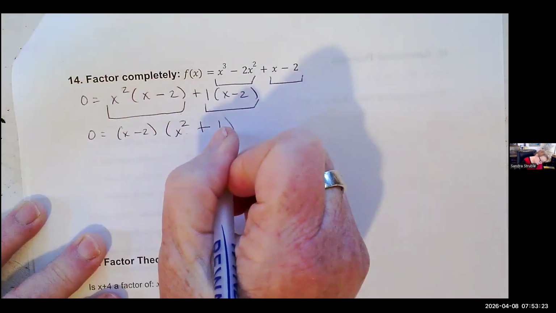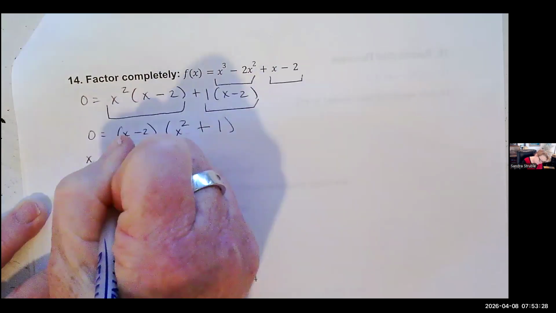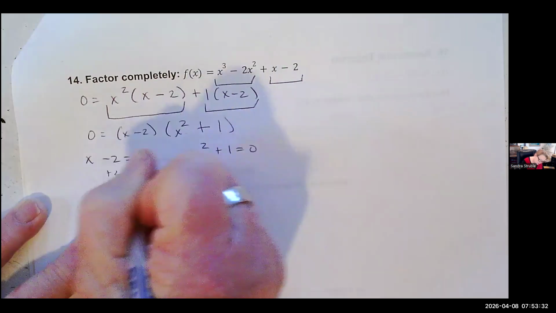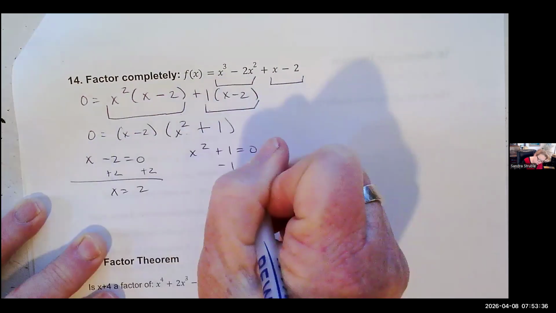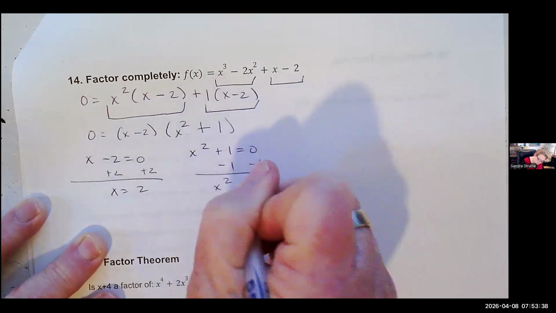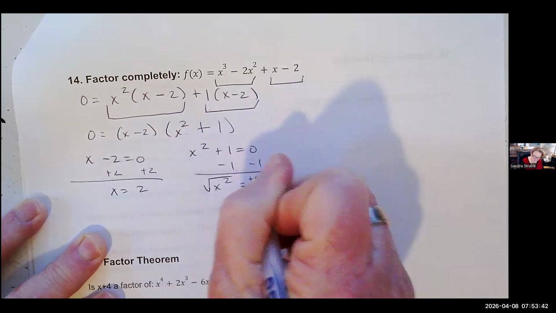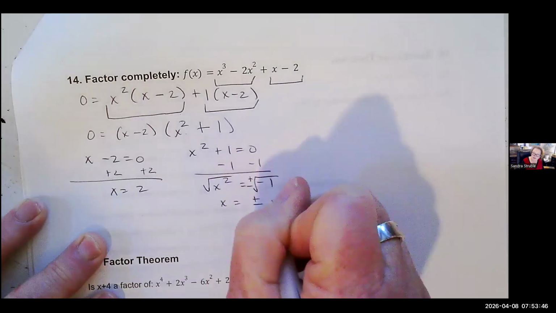So I'm just going to take each of these and set them equal to 0. Add 2 to both sides. Subtract 1 from both sides. Oh, pardon me. X squared is equal to -1. Take the square root of both sides, plus or minus the square root of the constant. Plus or minus square root of -1 is i. So those are my factored completely.